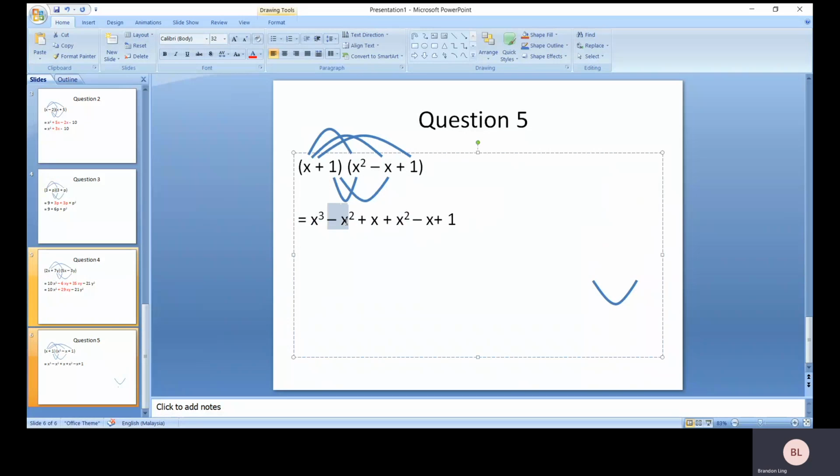So further simplifying this value, you have minus x squared and positive x squared here. Basically, they neutralize each other. And you have this plus x with negative x, they also neutralize each other. So therefore, the final answer will be x cubed plus 1. That's the final answer.